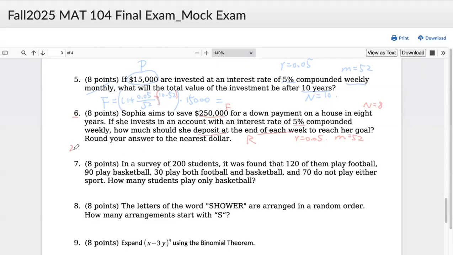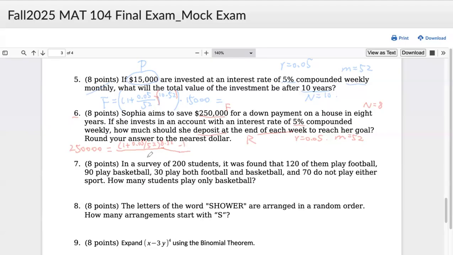So I have the future value, 250,000, that equals 1 plus I, 1 plus 0.05 divided by 52, raised to 8 times 52, minus 1.